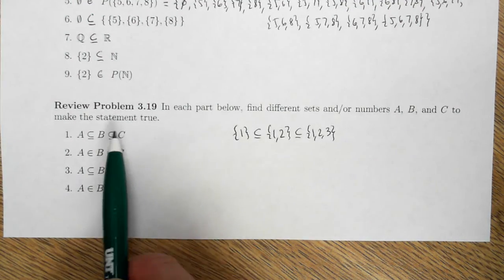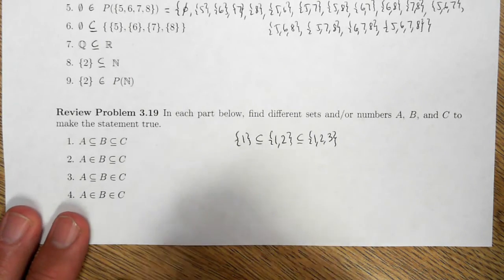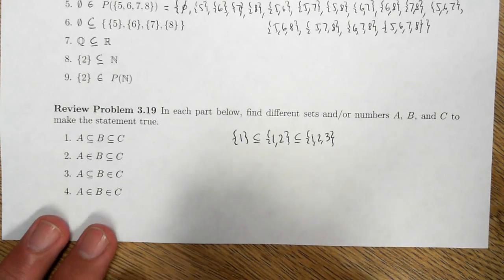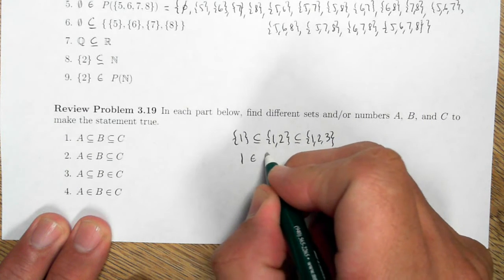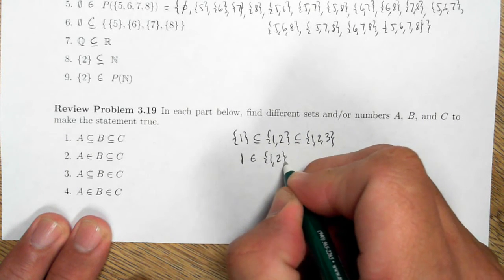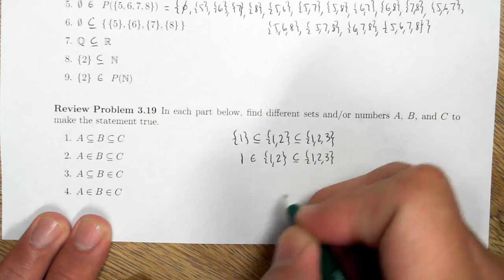So that makes the first one work. Second, my choice here will be that 1 is an element of the set that contains 1 and 2, which is a subset of the set that contains 1, 2, and 3.